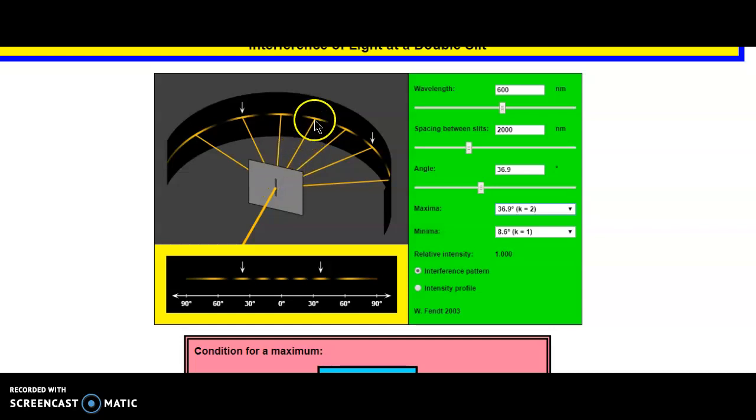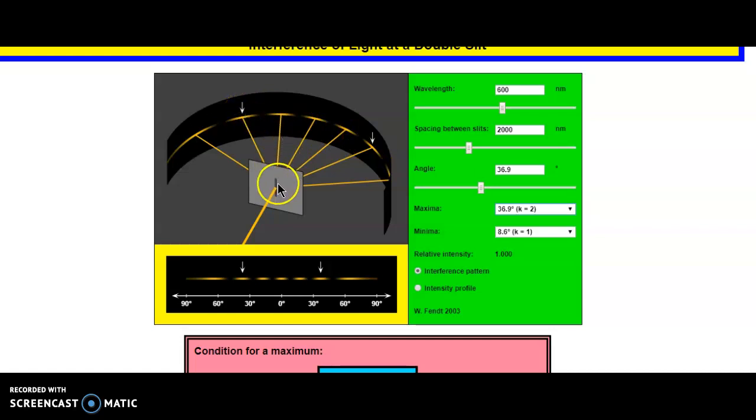This is the 0 minima. This is the first minima. This is the maxima. This is 0 maxima, first maxima, second maxima. So it has two points, one of them here and the other here.